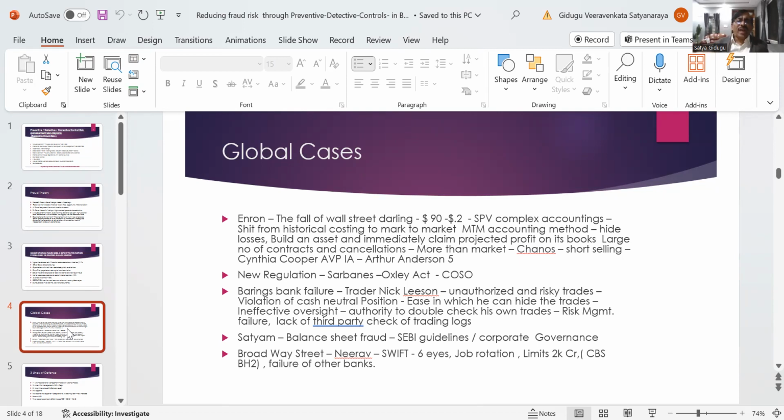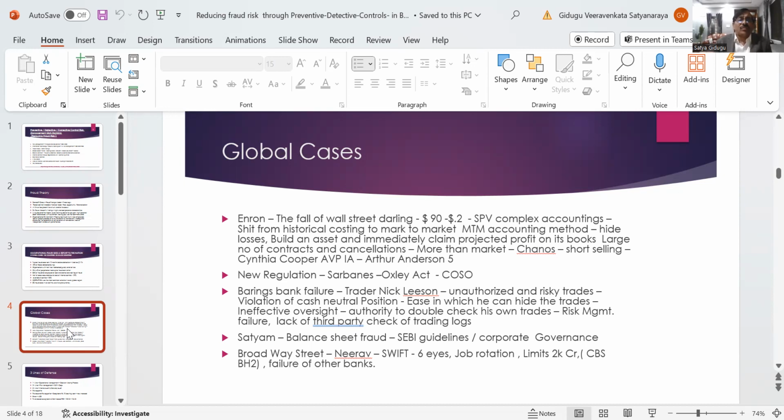Then the Sarbanes-Oxley Act, COSO ERM framework, Institute of Internal Auditors all came globally, and in India also after a decade. Barings Bank failure, trader Nick Leeson, a rogue trader.